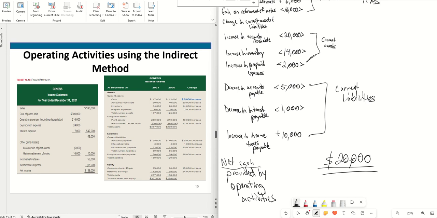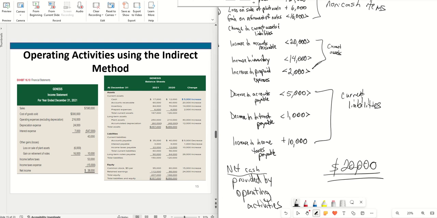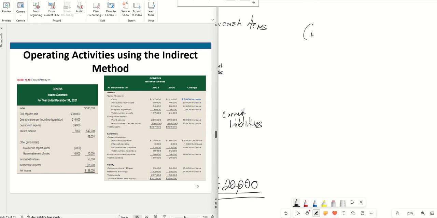Now, I'm not sure if you noticed, there's a trick here to figure out whether you need to add or subtract from the net income when it comes to current liabilities and current assets. So for current assets, let me put it over here. There's a little trick.